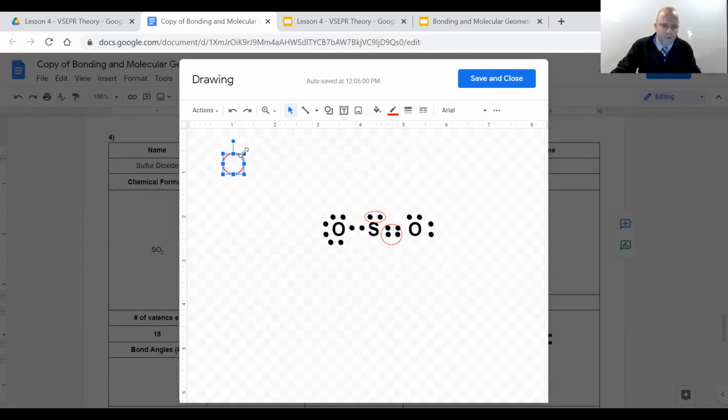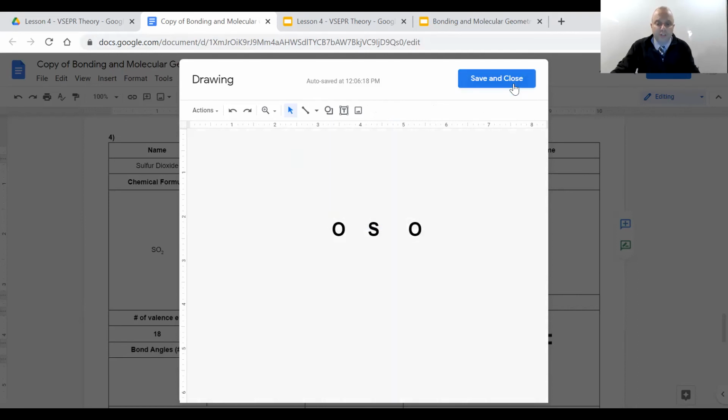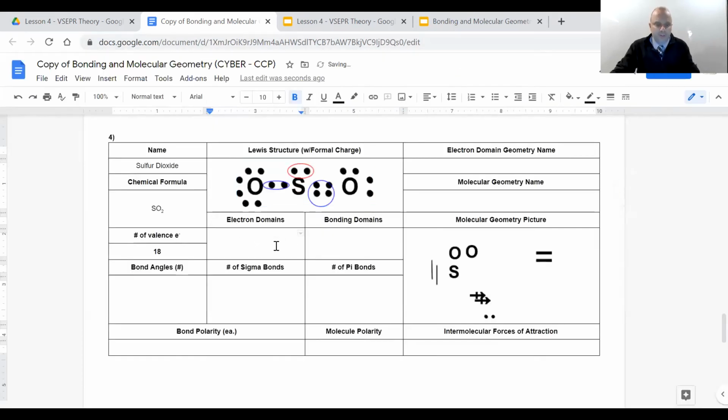And we have our third electron domain over here on the left side. And then of those 3 electron domains, let's look at which ones are bonding. This is a bonding one. This is a bonding one. So 3 total, 2 of which are bonding. So in this box, 3 total, 2 of which are bonding.